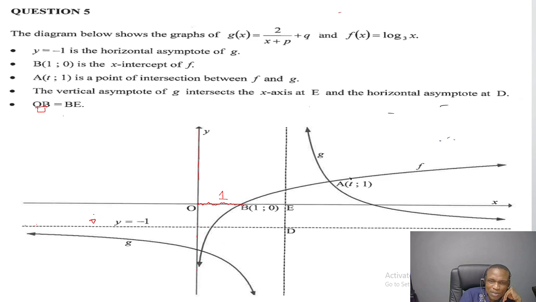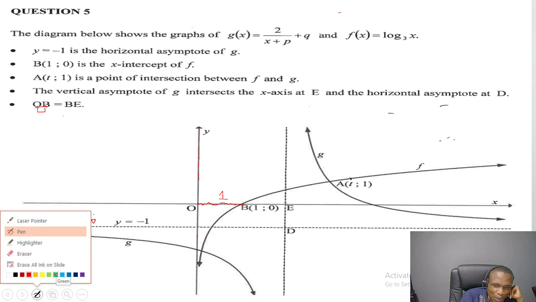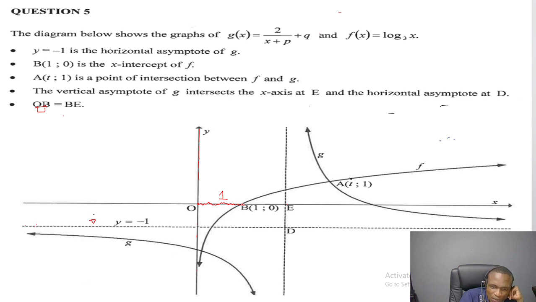And it means that even the length from B to E should be 1, because he's saying OB equals BE. So the distance from B to E also should be 1, which means that from O to E, it is 2 units. So E is 2.